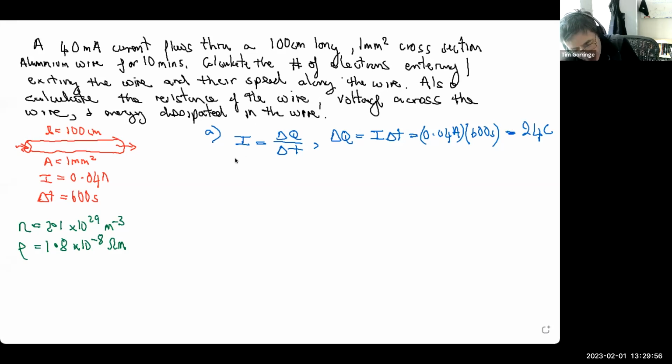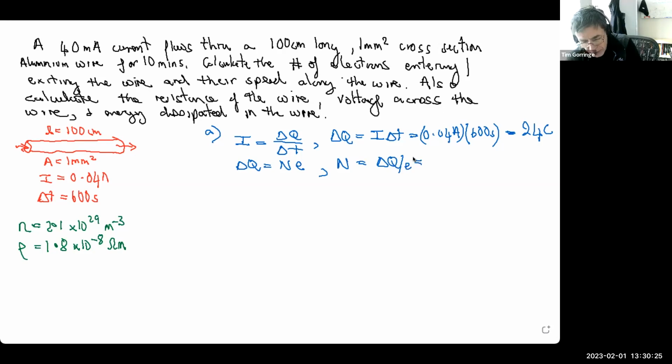So I'm going to say that that total charge, delta Q, is the number of electrons that flow down the wire times the charge that an individual electron carries, which I'll call e. If I rearrange this equation for the number of electrons, it's equal to the total charge that flowed down the wire divided by the charge of a single electron.